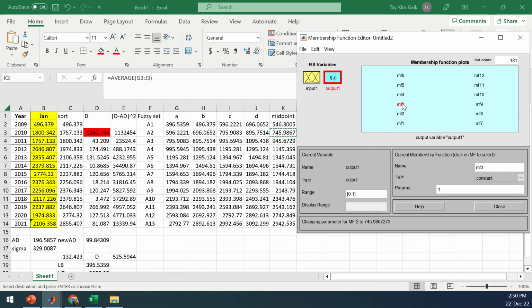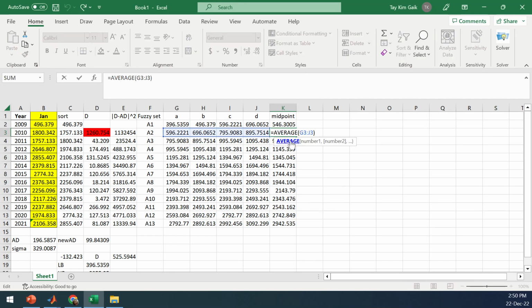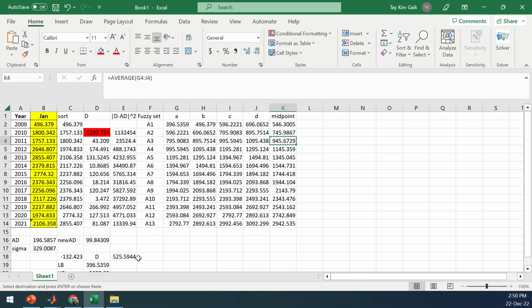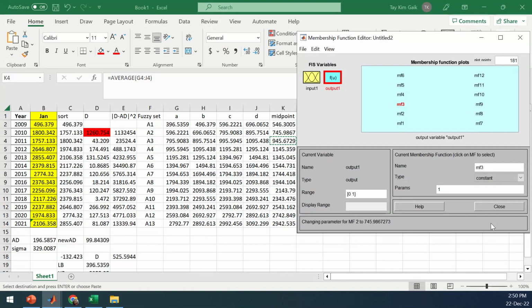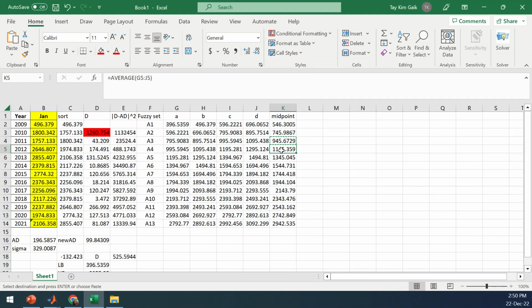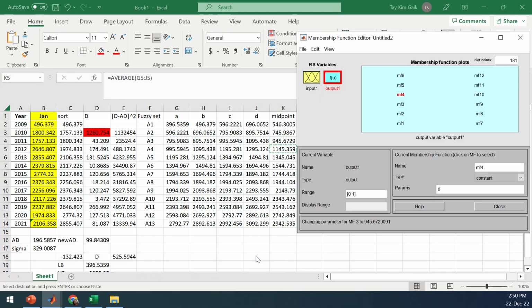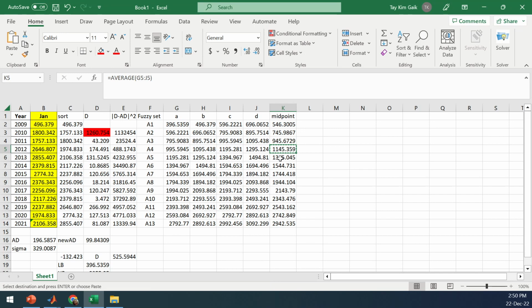Membership function 3, Control C. And then repeat for membership function 4. Then membership function 5.